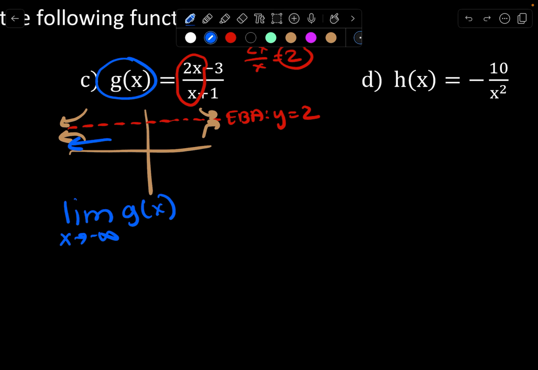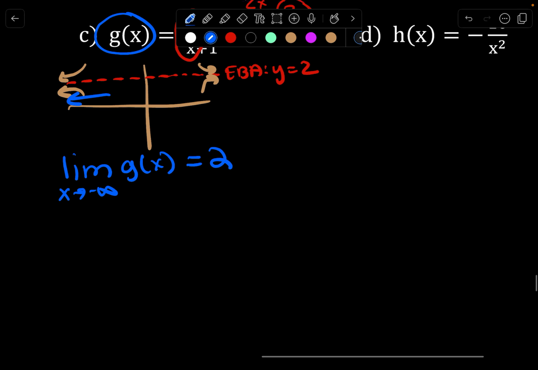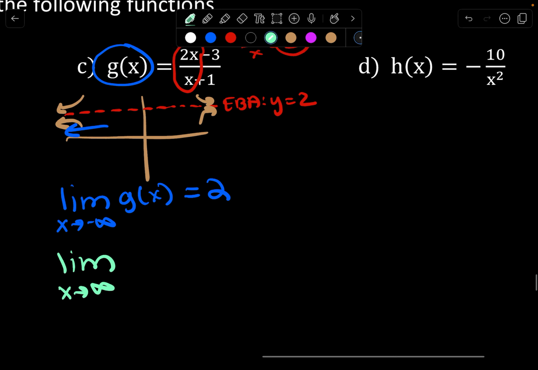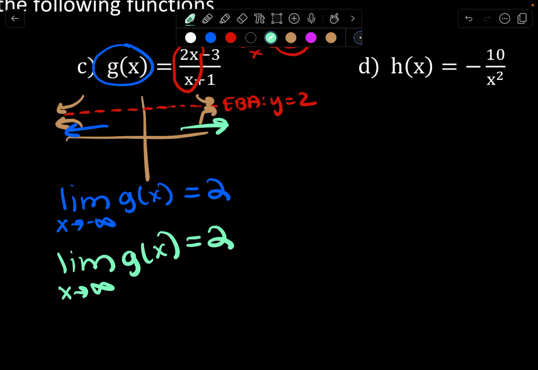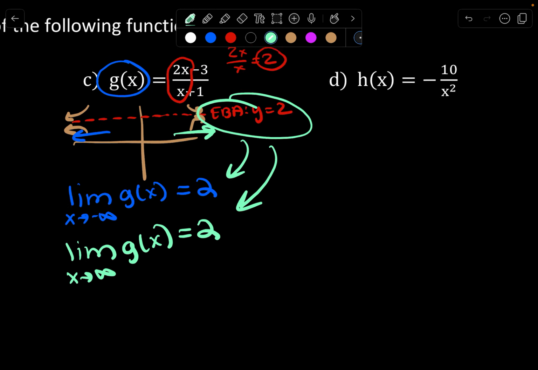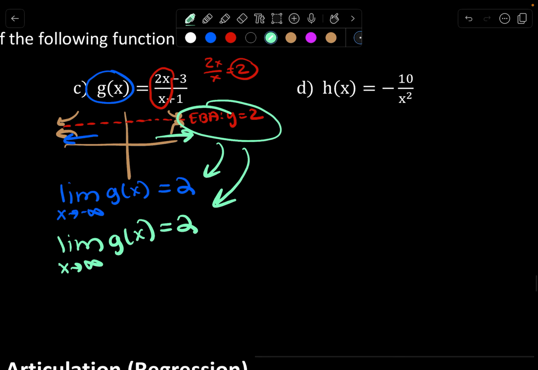Oops, this is an actual value, so we can just say equals 2. And then the limit as x approaches positive infinity, so the end behavior going to the right for g of x is also going to be approaching 2. So your EBA is going to tell you where your limits are going to be approaching.